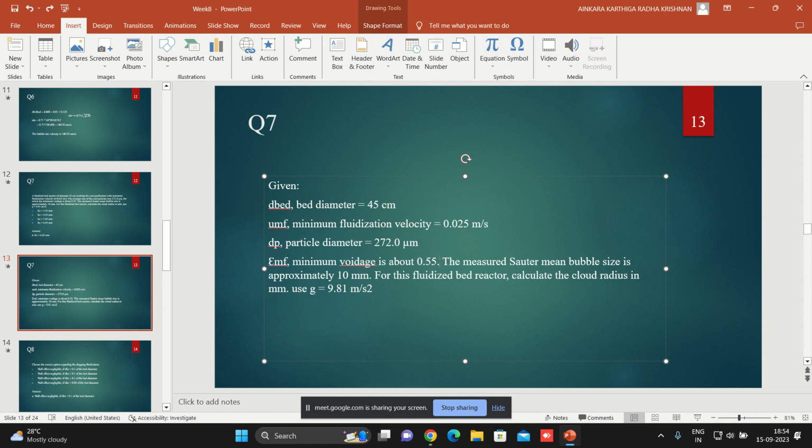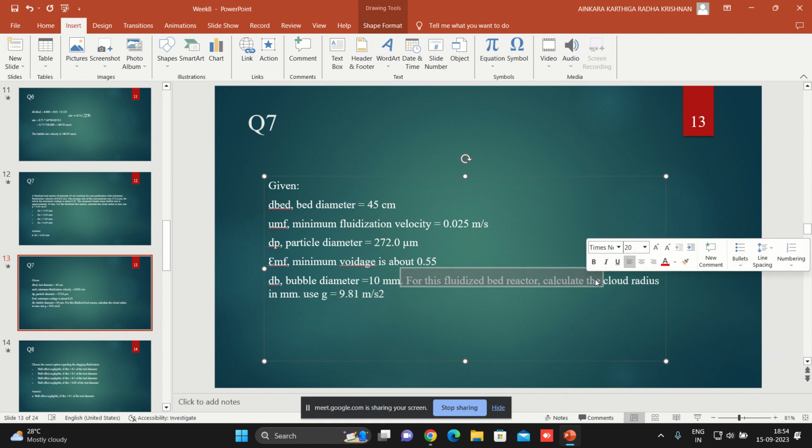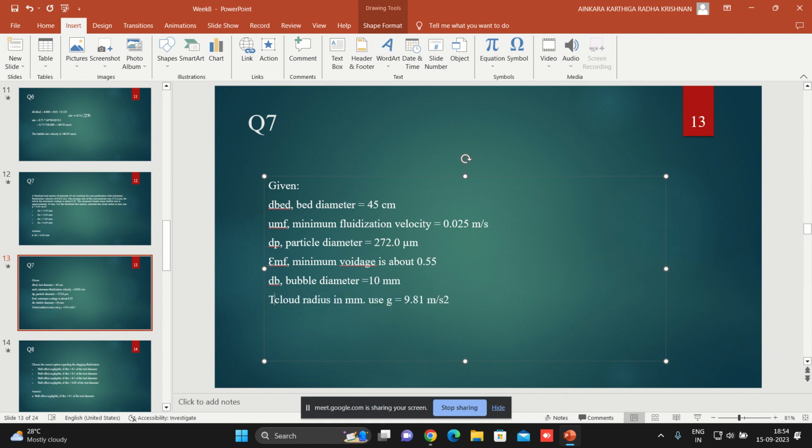Sorter mean bubble size is 10 mm. Bubble diameter, d_B, bubble, 10 mm. For this fluidized bed, calculate cloud radius in mm. Find cloud radius in mm.